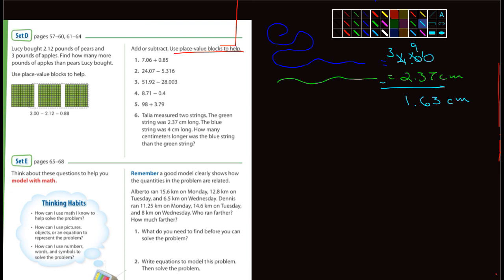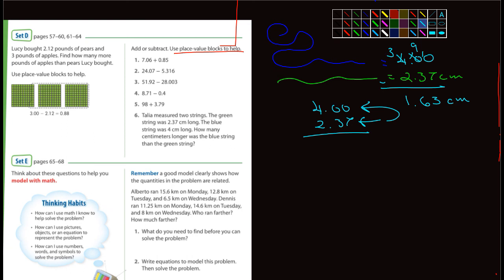Another way you could have done this for subtracting 2.37, you could think of it as how much more do I have to add to 2.37 to get to 4?